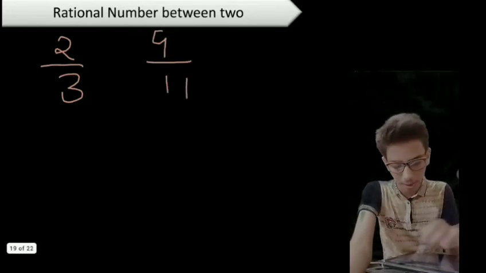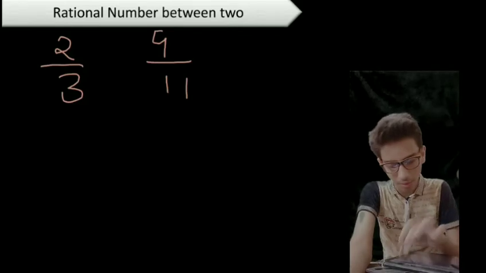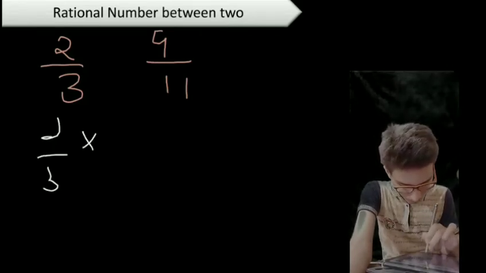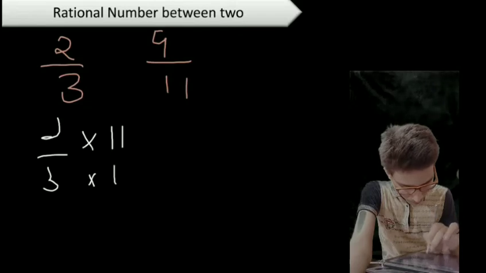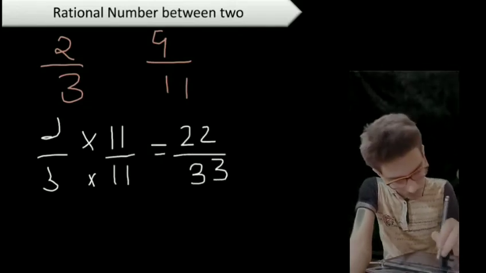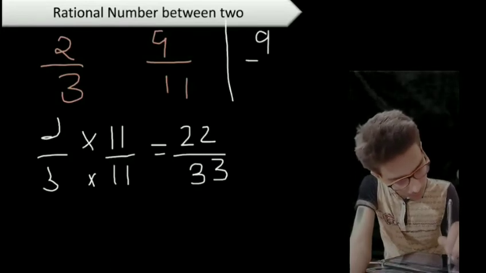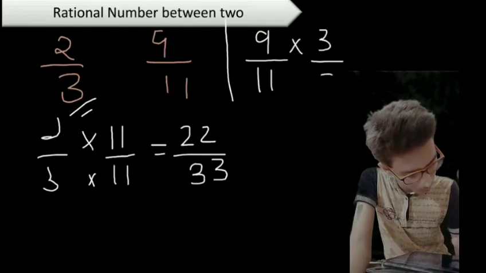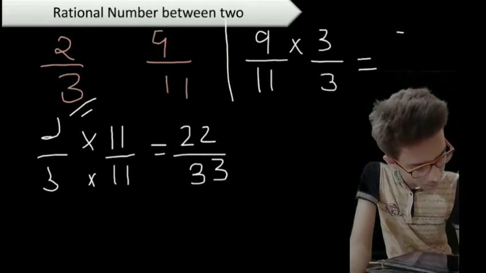We are going to multiply the denominator of the second term to the numerator and denominator of the first term. Similarly, 9 by 11 will be multiplied by the denominator of the first term, 3, to get the denominator same.